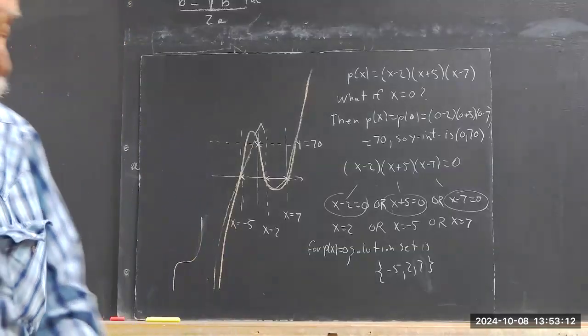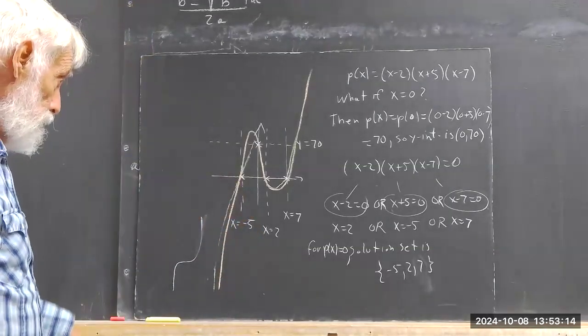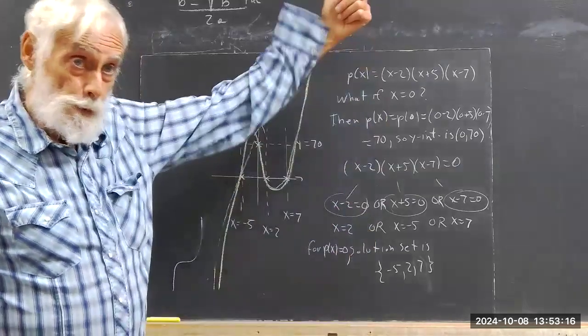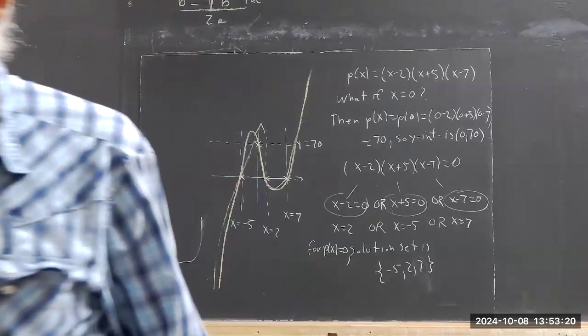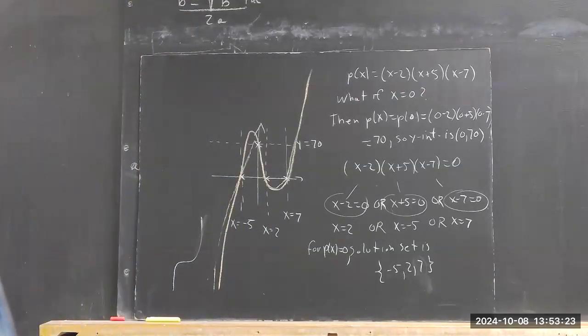And that tells you at the far left, the thing approaches negative infinity. At the far right, it approaches positive infinity. Okay, people typically don't have any problem with section 3.1. So I think you'll be okay. And then Thursday we'll talk about more stuff.